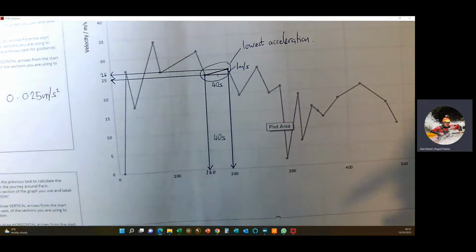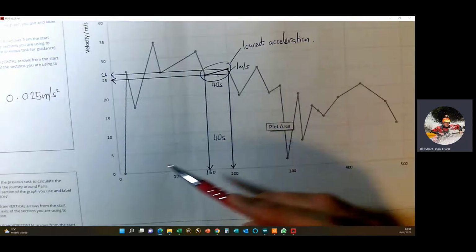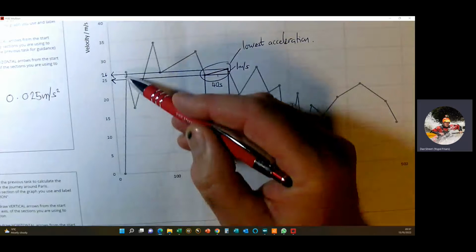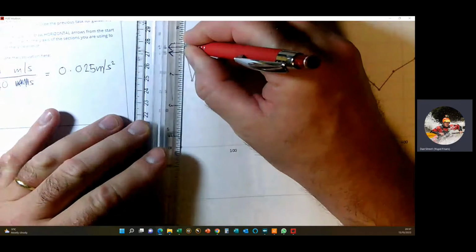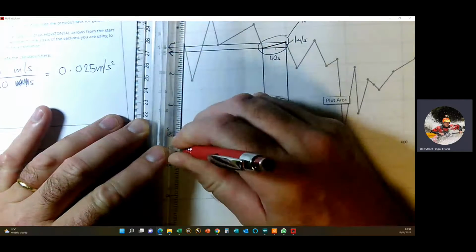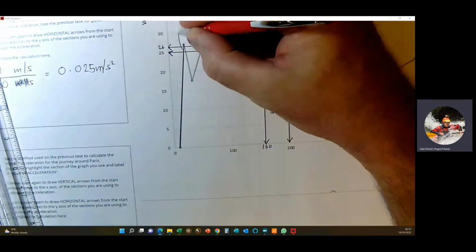Okay, so we'll just double check there's nowhere else. This is a relatively steep line, but I don't think it's as steep as the first one. So I think this here is the highest acceleration. So we'll highlight that, ruling over the top of it, making it clearer. And this is the highest acceleration.